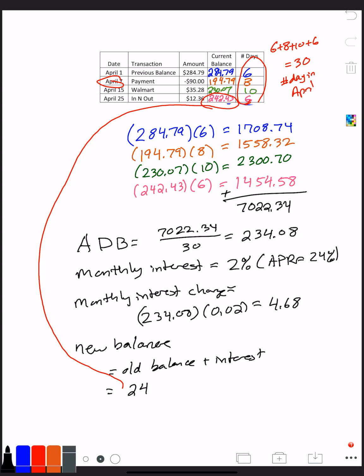So that's $242.43. Add on the $4.68, and we get the final balance here, $247.11. Okay, so that's how you calculate it.